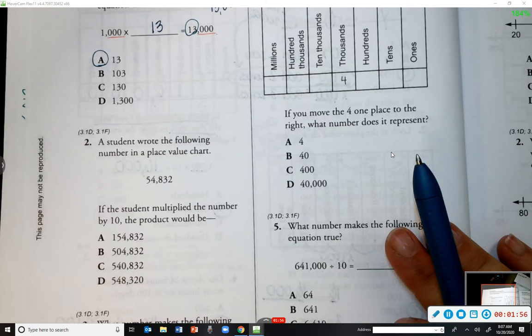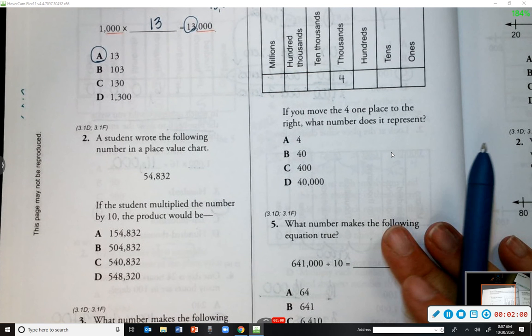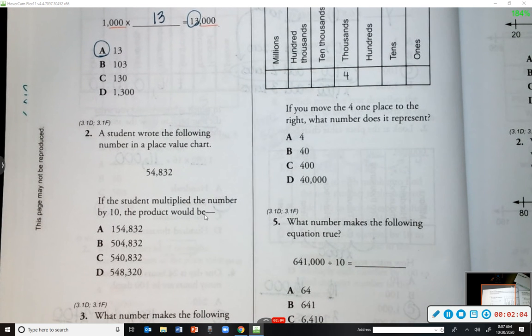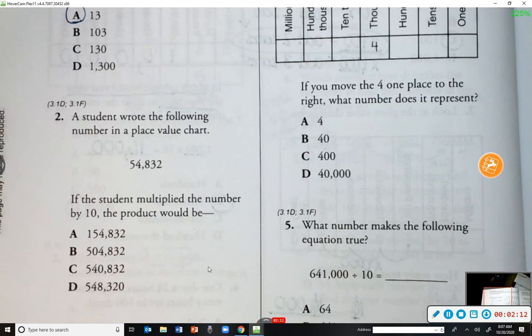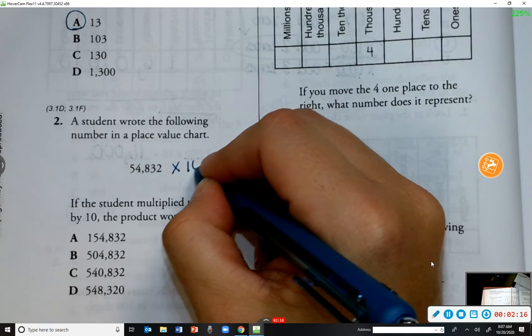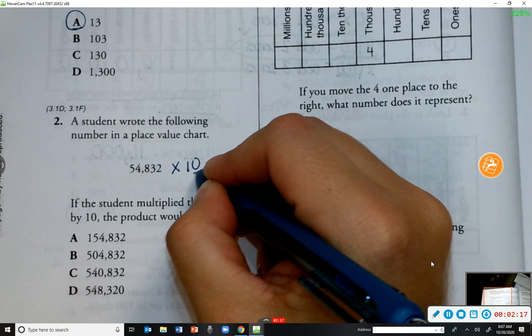Number 2, a student wrote the following number. If the student multiplied the number by 10, the product would be, okay, so this number stays the same, but if we multiply, good. If I multiply by 10, there's 1 zero in 10.